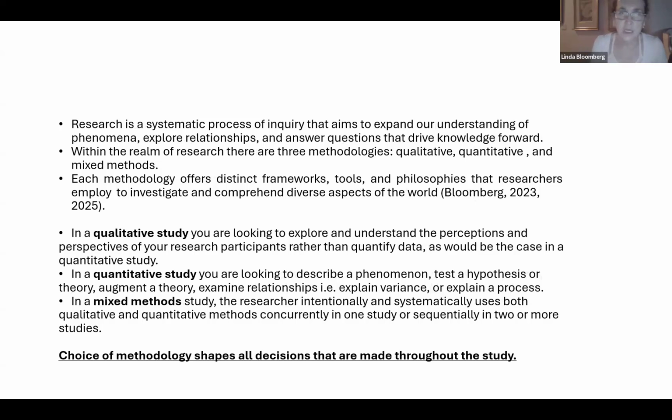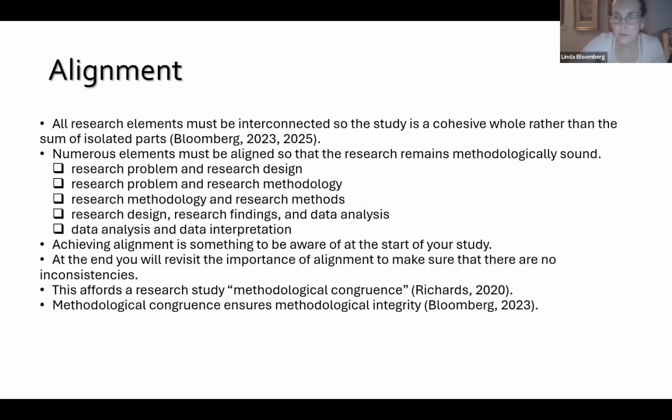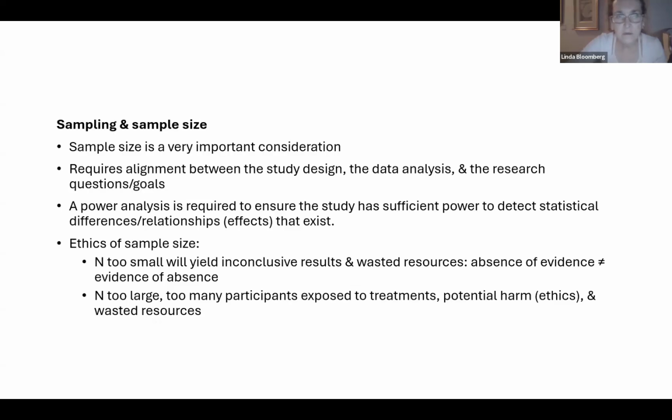Right. So this is how I understand it and write about it in my books and articles. Methodology is the type of research you're doing. It's a qualitative methodology, a quantitative study, or a mixed method study. Those are the three methodologies, the big, broad umbrellas of research.